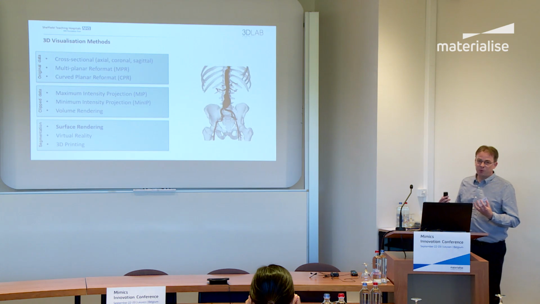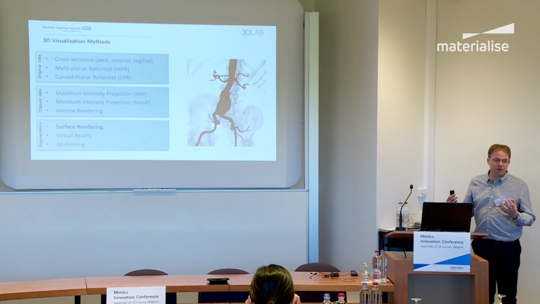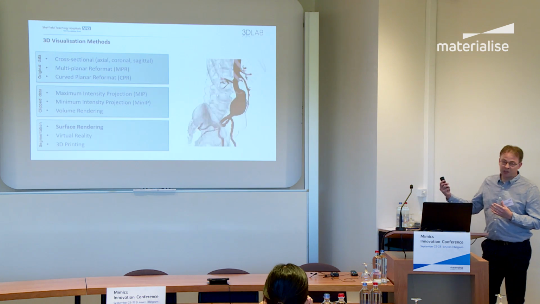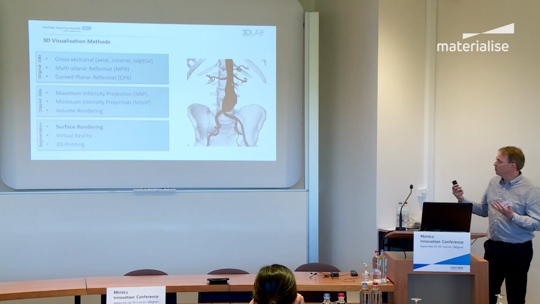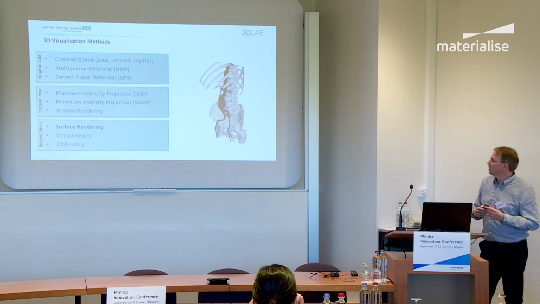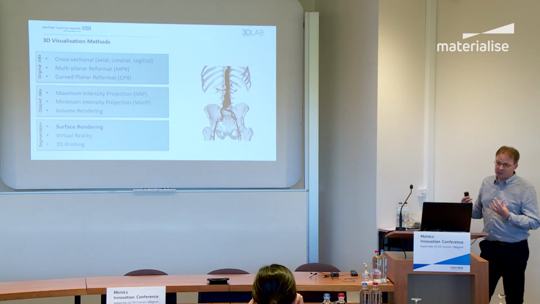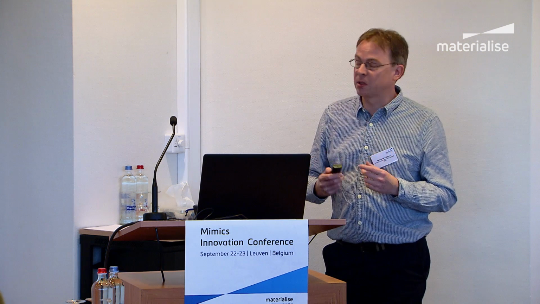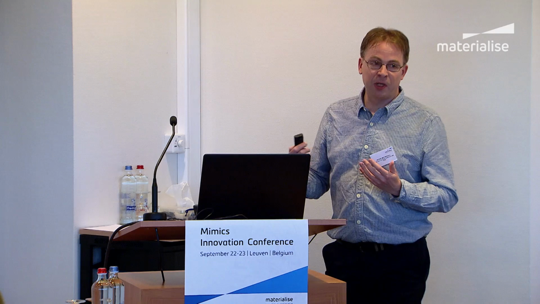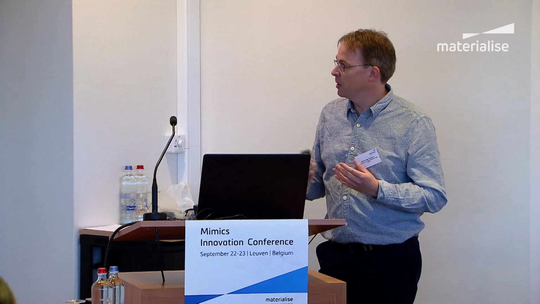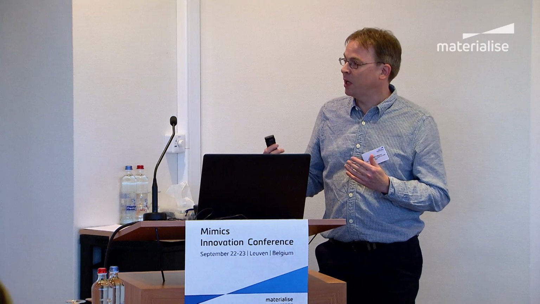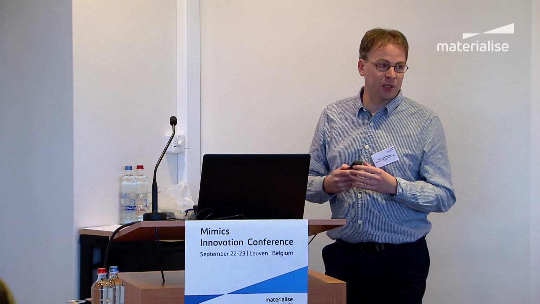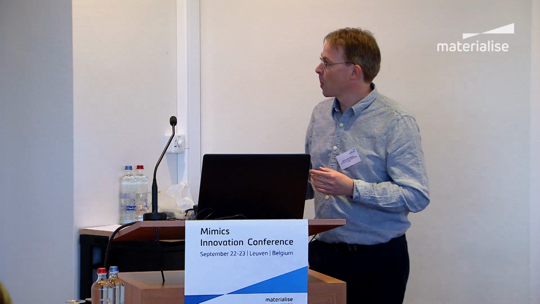So by effectively removing all the tissues and information that isn't required for the interpretation, such as removing the bone or the other vessels, and setting parts of the model to be transparent, then it can drastically improve the interpretation of the images. And if we can distribute this to the surgeons as a 3D PDF, then it gives them that full flexibility of the interpretation.